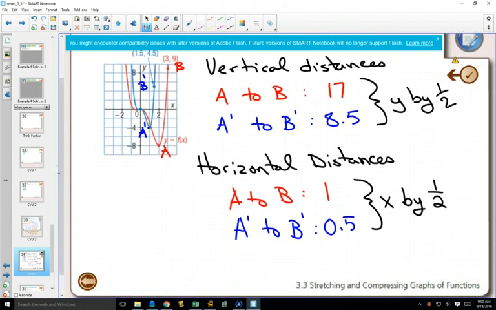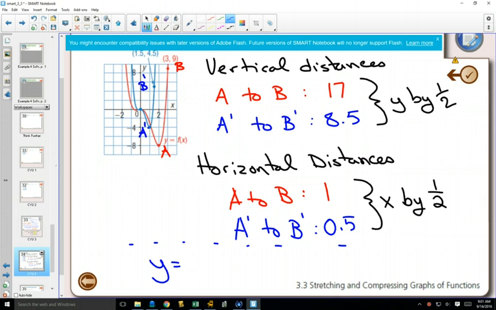So now we know what's happened. We should be able to write the equation of that blue graph in terms of f. How do we show in function notation having y get multiplied by half and having x get multiplied by half?